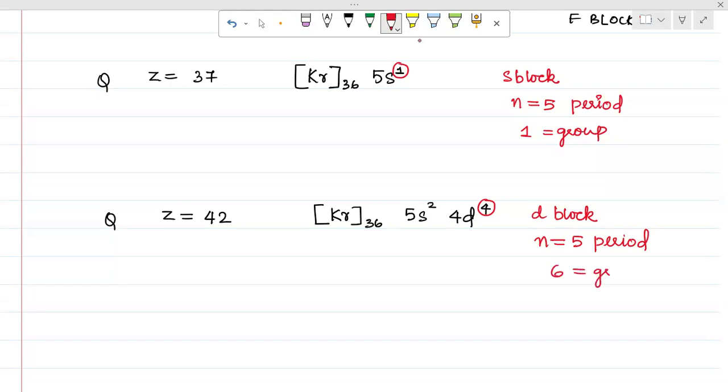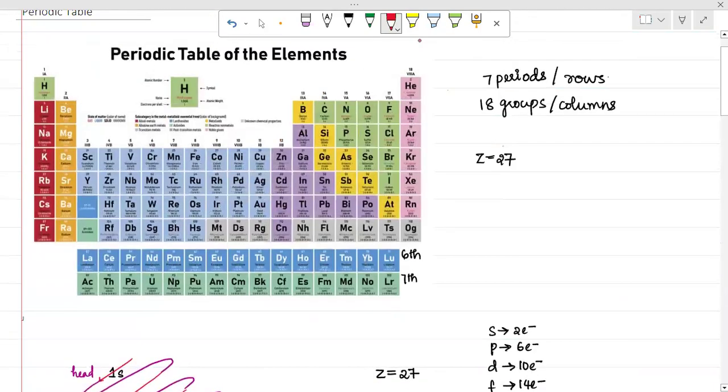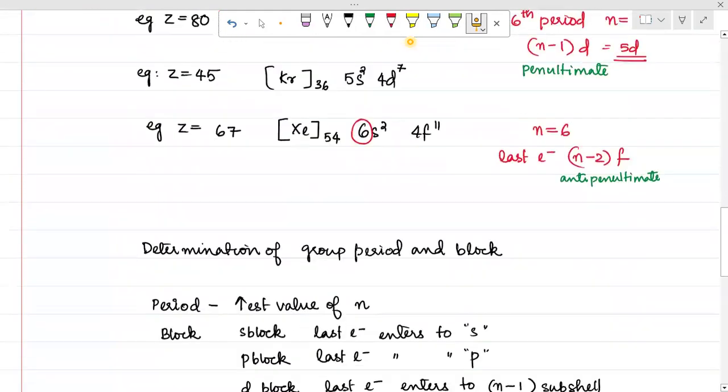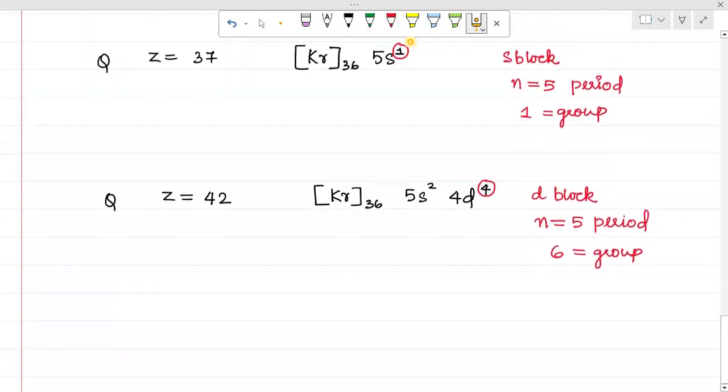So it is group 6. If you want to cross check, 42 is molybdenum. Group 6, period 5, and it is a D block element.